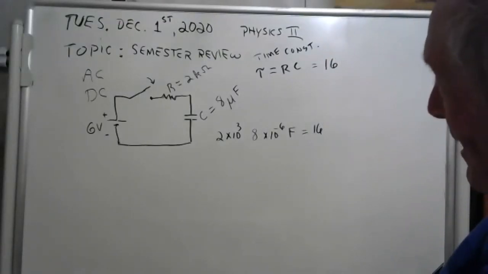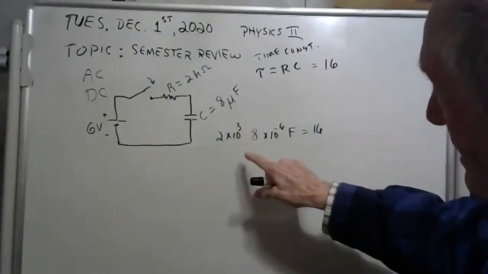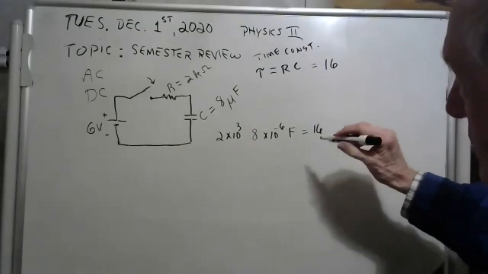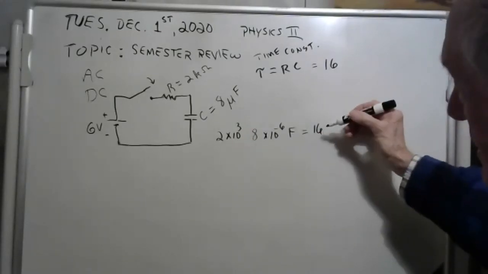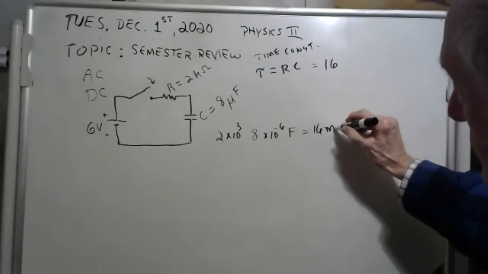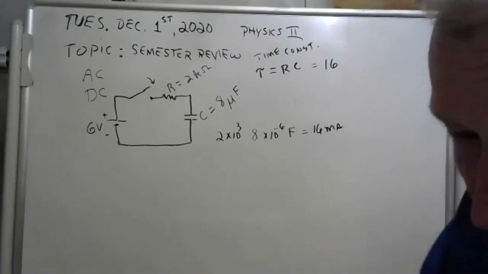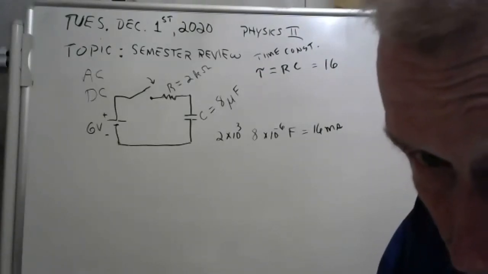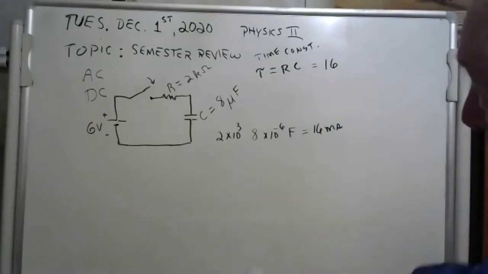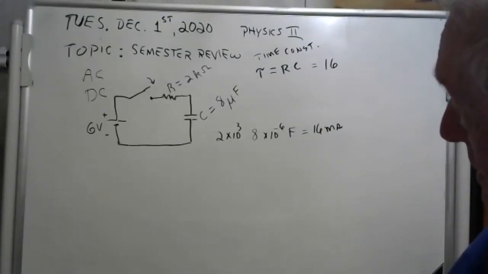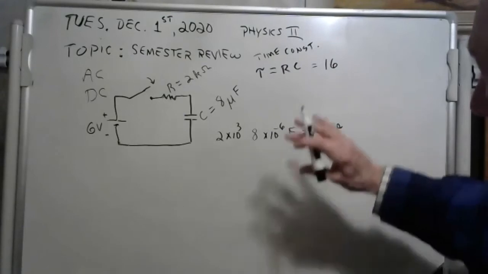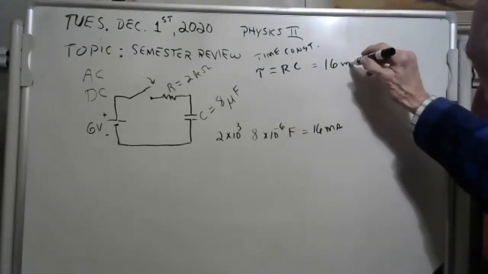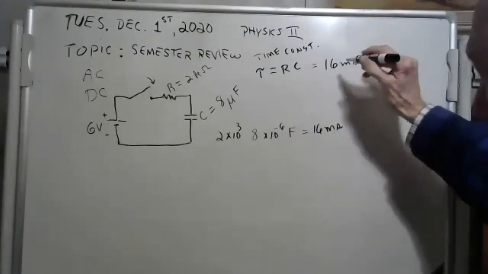Okay. It's a +3. We got it right now, though. It's 16 milliseconds. Is everybody happy now? I love arguments with my students, but I think we got it right now. Is that what you guys have? 16 milliseconds? Yeah, that's what I have. Yep, I'm happy. That's the time constant, 16 milliseconds.